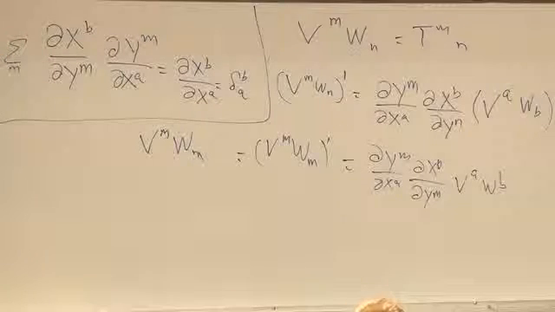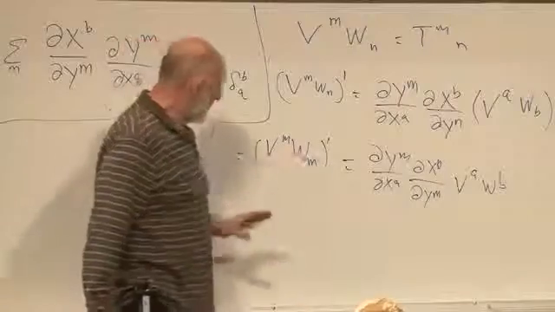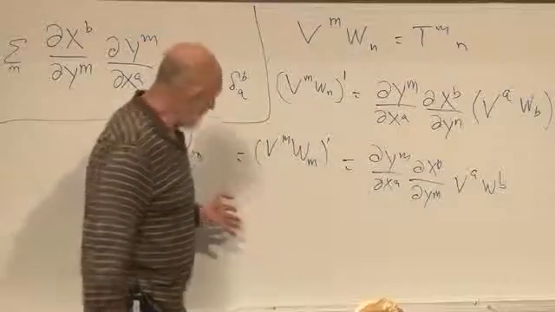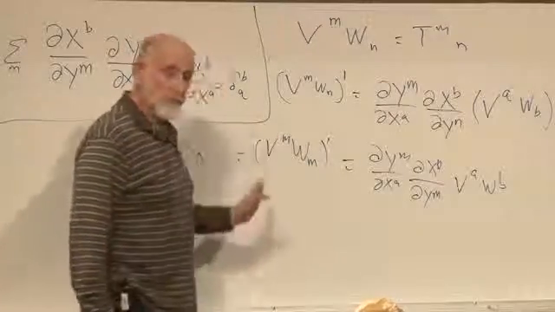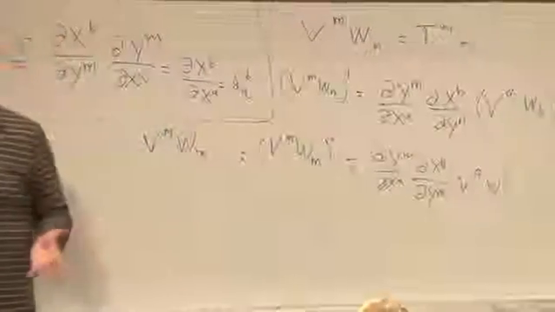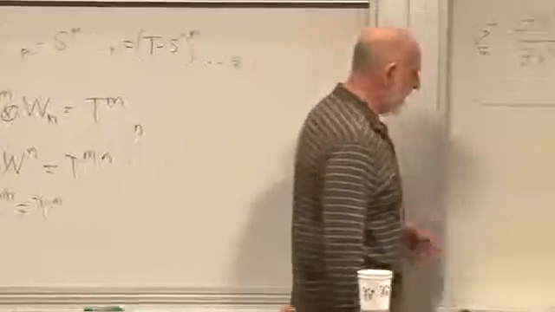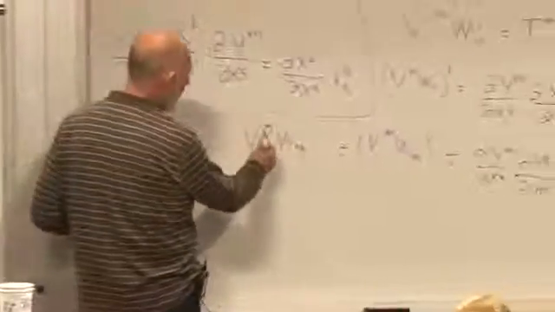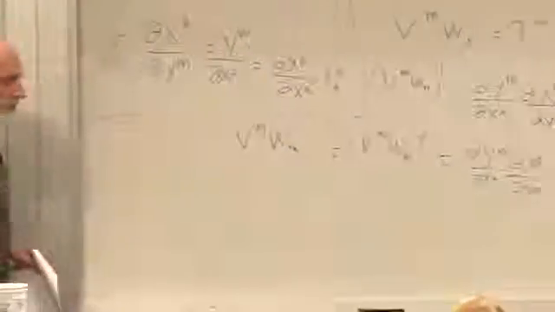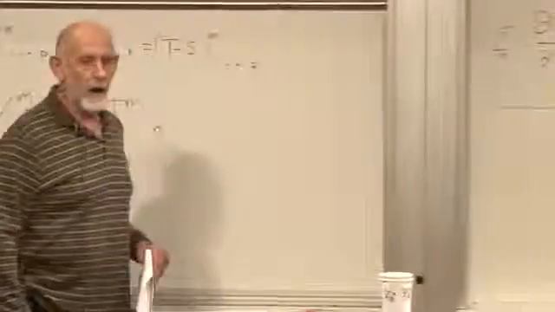Okay. What does this say? This says that the object that I've made has no components, and it has the same value in every frame. What would you call it? You call it a scalar. So by contracting two indices, I make another tensor, in this case, a scalar.